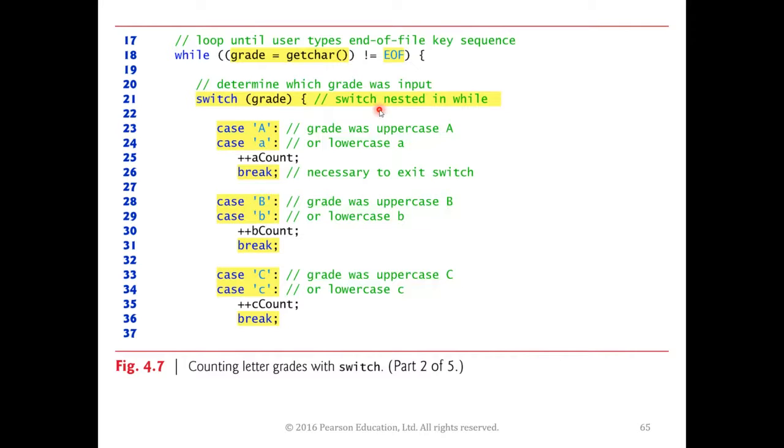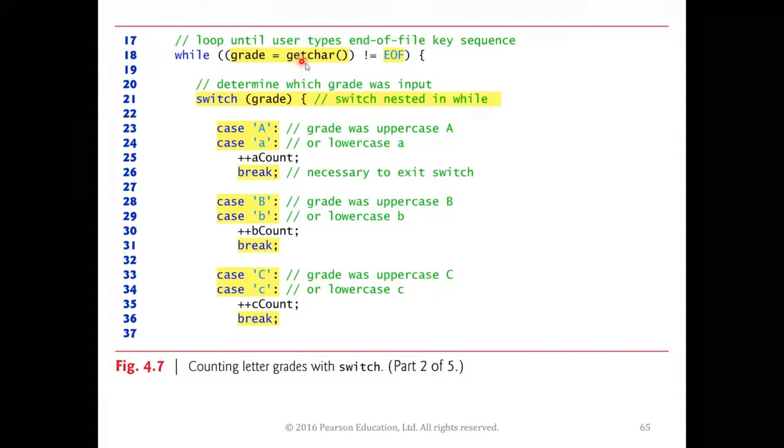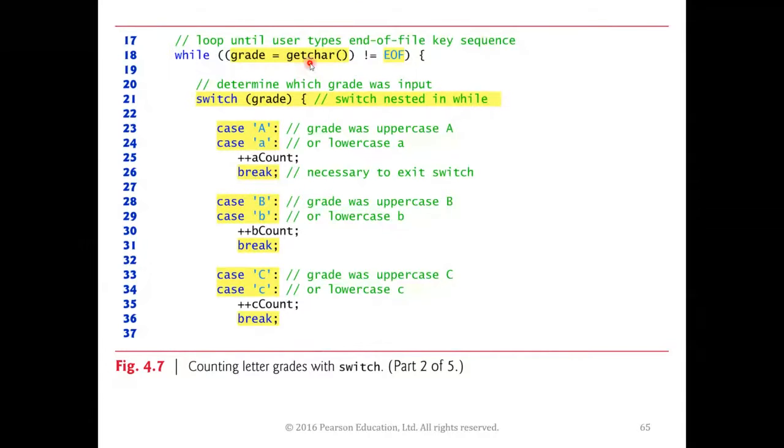So every time a user types a character and presses enter, every time the user actually presses any key on the keyboard, the get character will just take that character and input it to your program. So every time the user presses a key, it could be any key. In fact, it could even be the enter key.